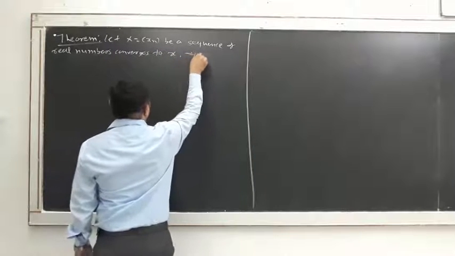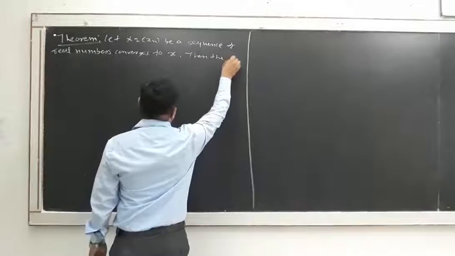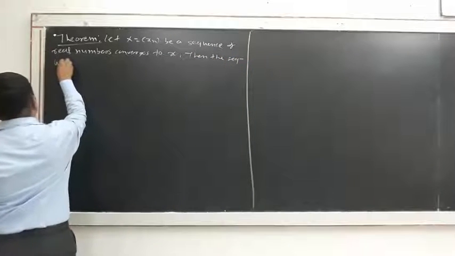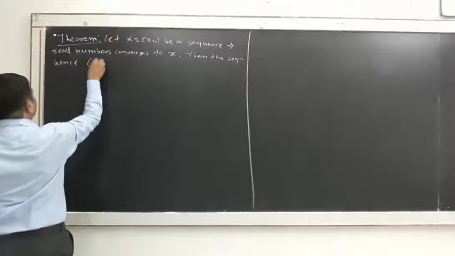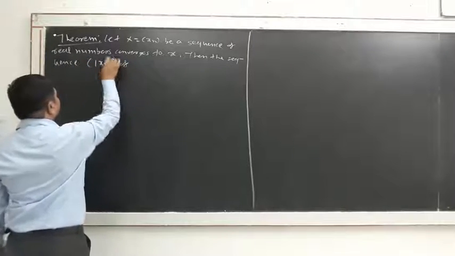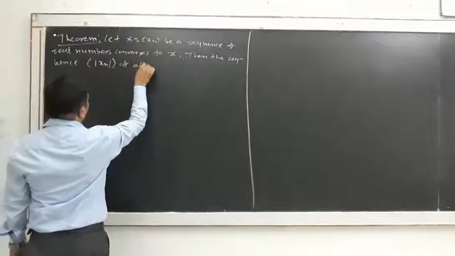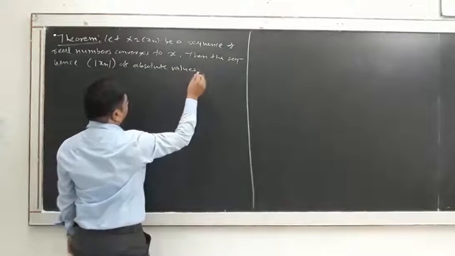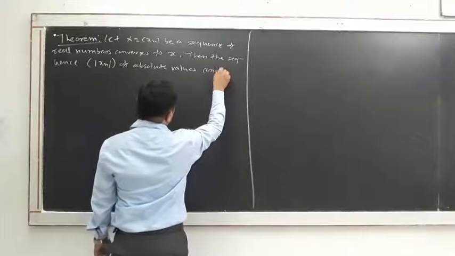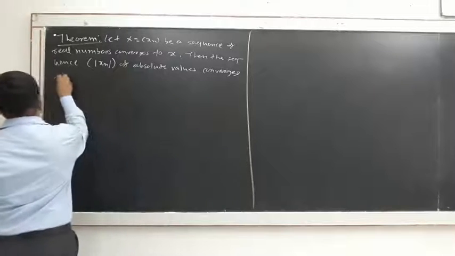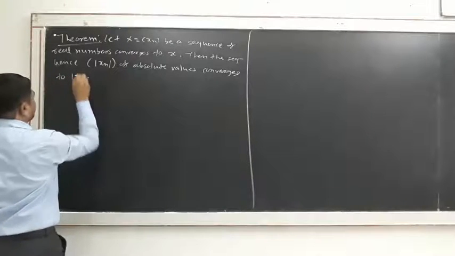Then the sequence of absolute values, |xn|, converges to |x|.